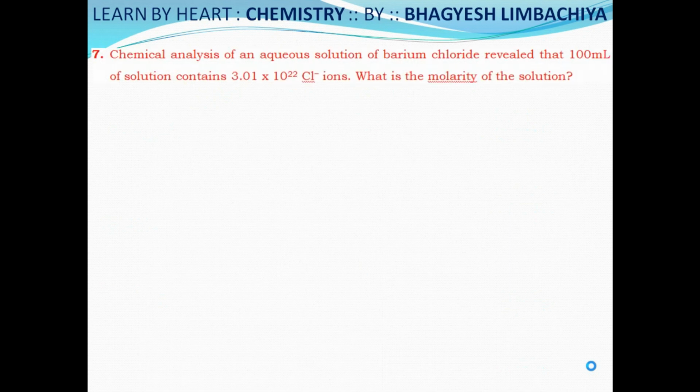Next, chemical analysis of the aqueous solution of barium chloride: 100 ml of solution contains 3.01 into 10 raised to 22 Cl minus ions. First of all, BaCl2 contains 2 ions, Ba2 plus and 2 Cl minus, meaning a total of 3 ions.